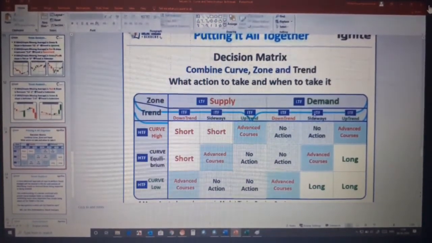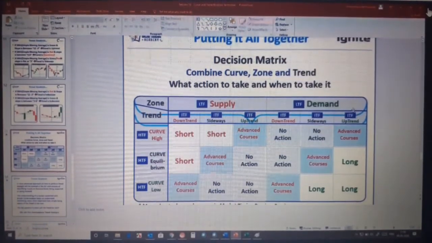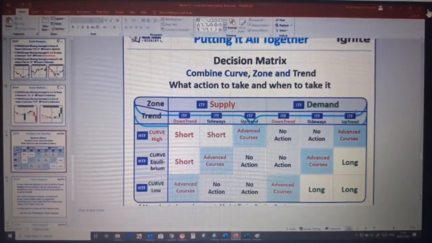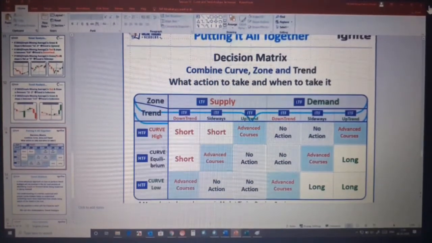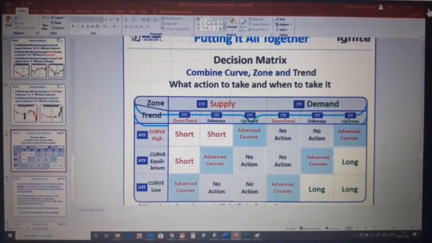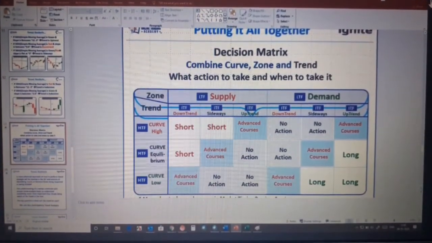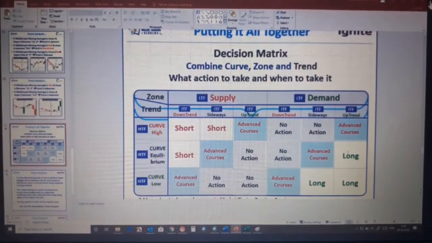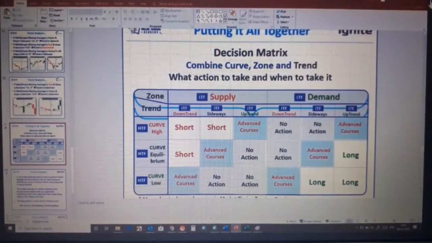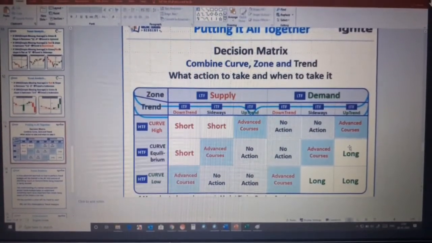You can go long only when the trend on the intermediate time frame is sideways or uptrend. Okay. And in the equilibrium, you can go only short on the lower time frame supply if the trend is down. See, nothing doing in the sideways trend. And you can go long only in the equilibrium on the lower time frame zone when the trend is up.